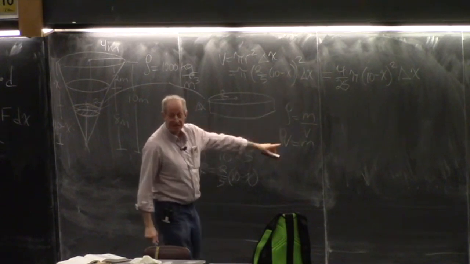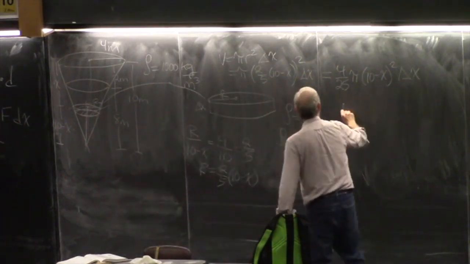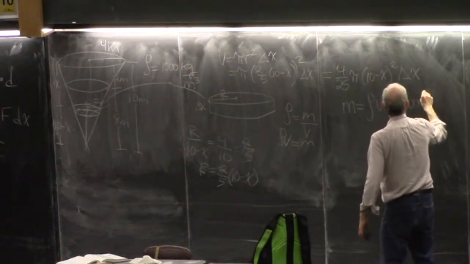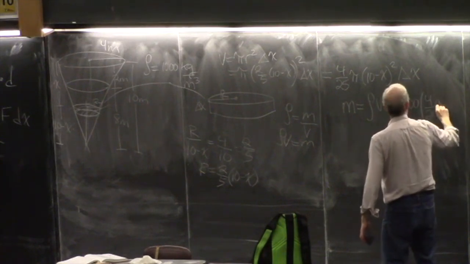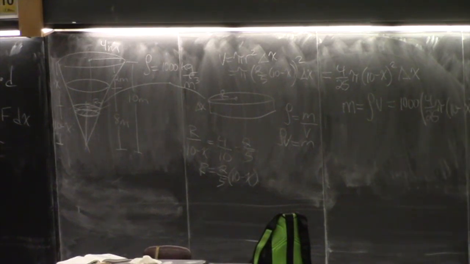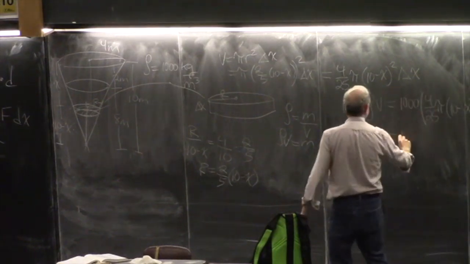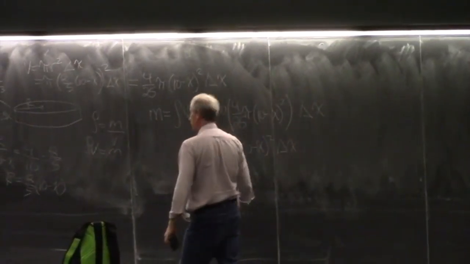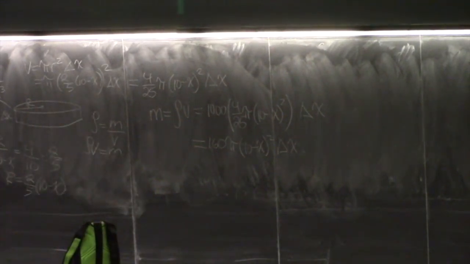Rho, the density, is 1,000. So the mass equals 1,000 times 4/25 pi 10 minus x squared delta x, which is 160 pi times 10 minus x squared delta x. Okay? We're getting there.